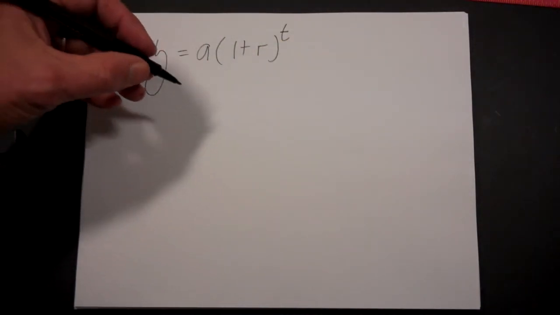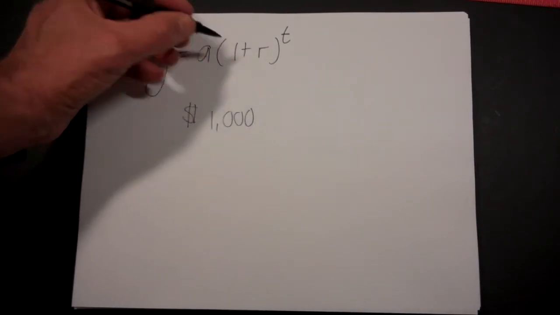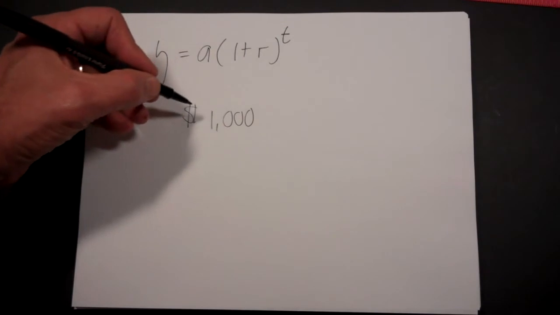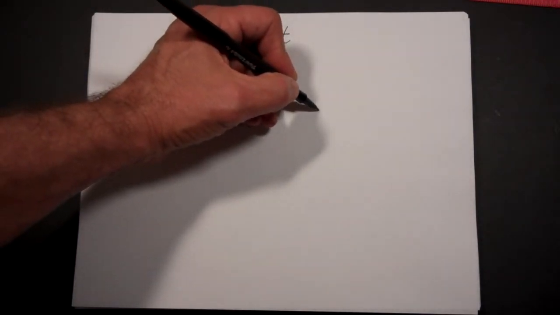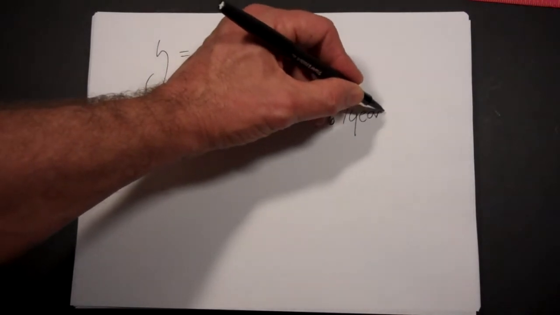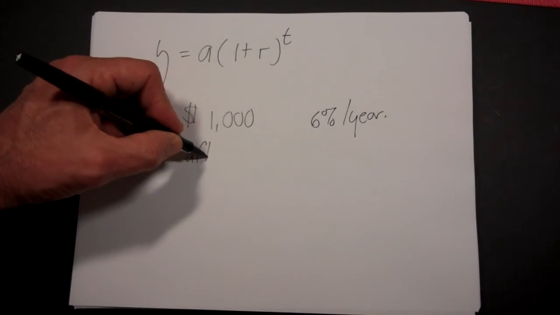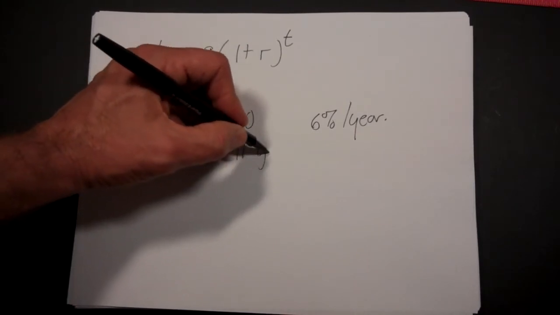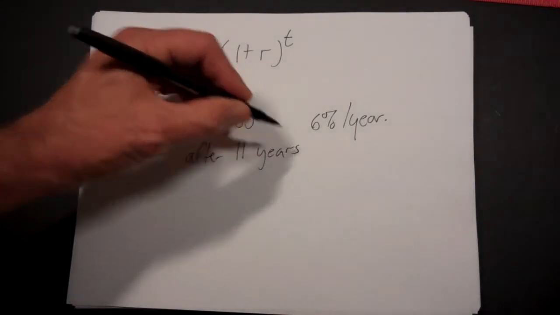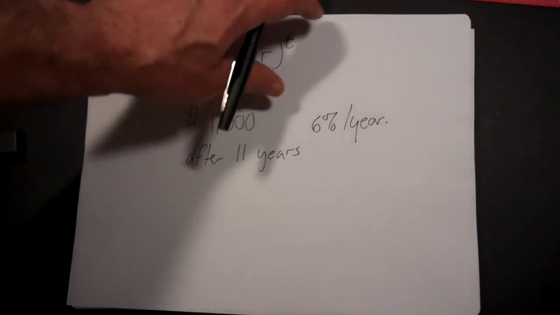So let's look at a simple problem where you start with $1,000 and the $1,000 grows at 6% per year, and you want to know how much money you have after 11 years. So you might think that if it's 11 years and you get 6% per year, then it's 66%. But actually that's not true.